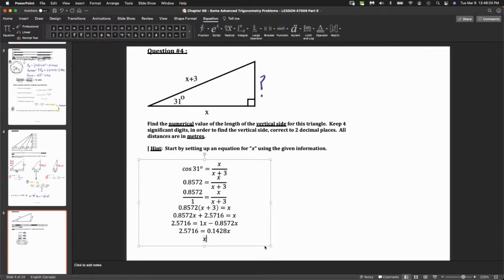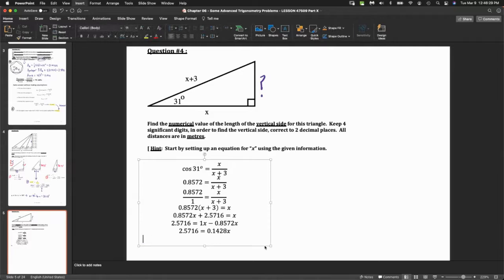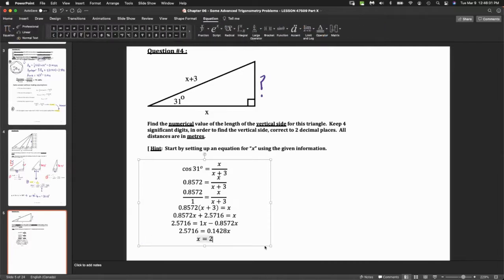So to get x, we have to divide here. And eventually you'll get 18.01 meters.